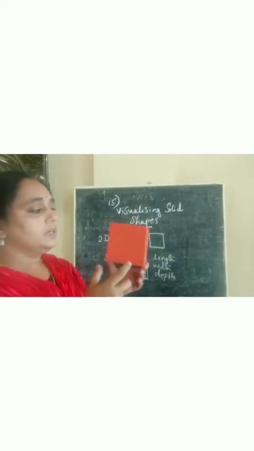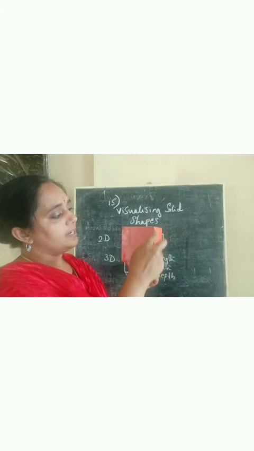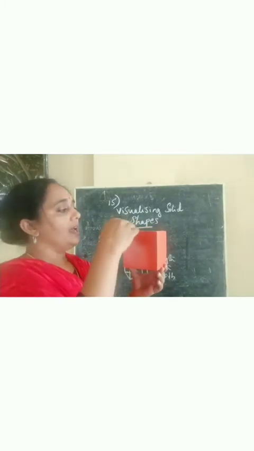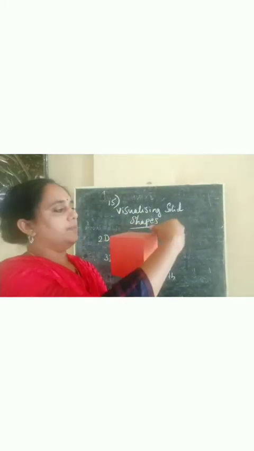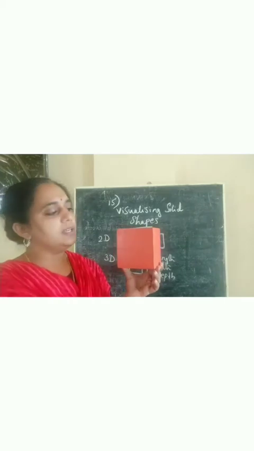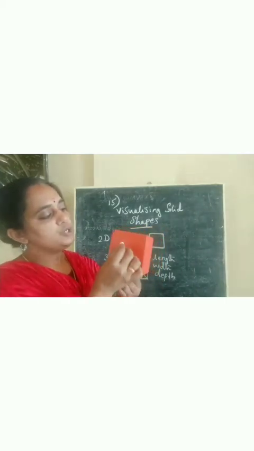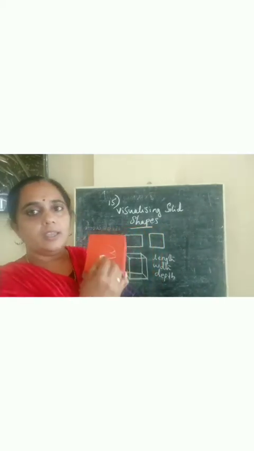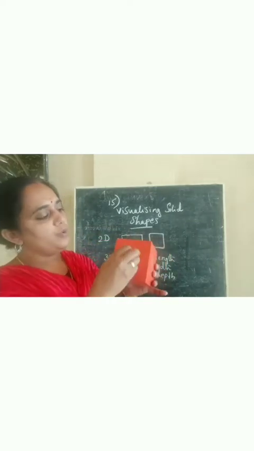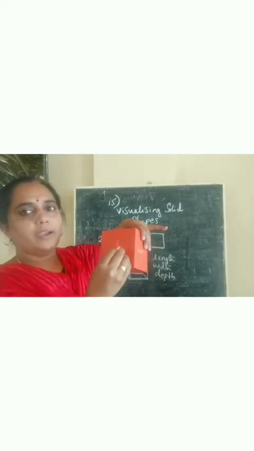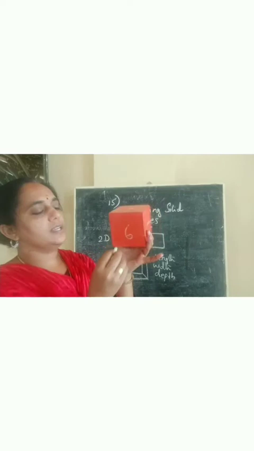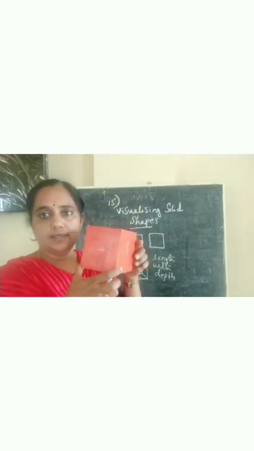It's a cube. It has sides, faces, and vertices. How many faces are there? Here 1, 2, 3, then 4, here 5 and 6. 6 faces are there.